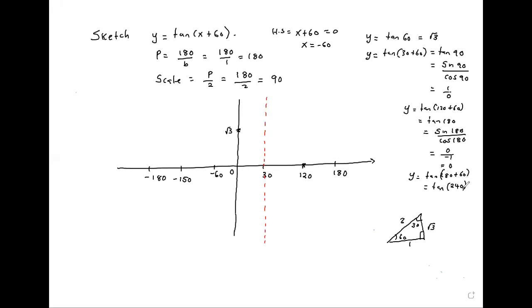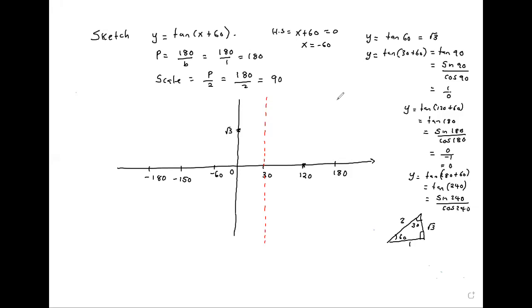Tan 240 is sine 240 over cos 240. Now 240 is in the third quadrant, where we subtract 180 to get 60 in this case.